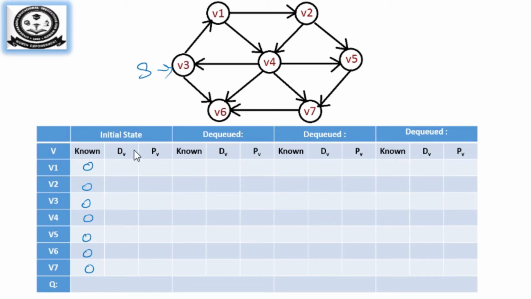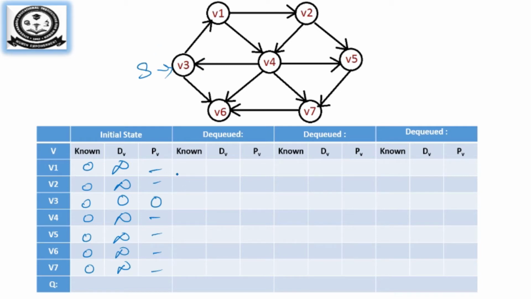If it is 1, then the particular vertex is visited. Then all the distances which have not been calculated, I will put empty. So only for the starting vertex the distance will be 0 and its previous vertex will be 0. For the rest of the things, it will be 0 and minus 1. So this is your initial state with the starting vertex.